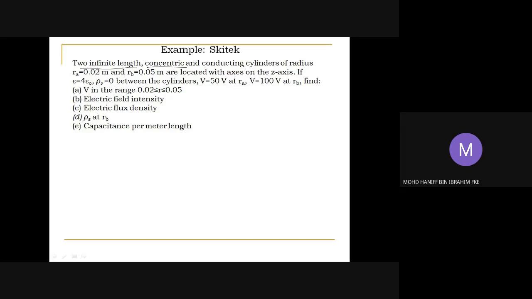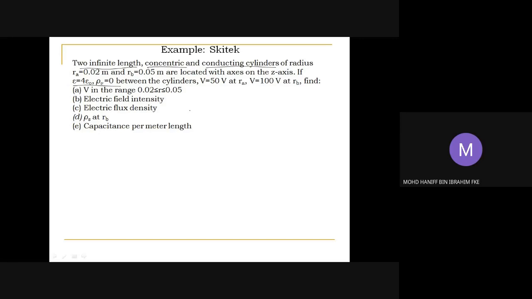That's why we call this concentric. The radii are RA of 0.02 and RB of 0.05 meters, with the axis on the z-axis. If epsilon is 4 epsilon naught, rho v equals 0 between the cylinders.